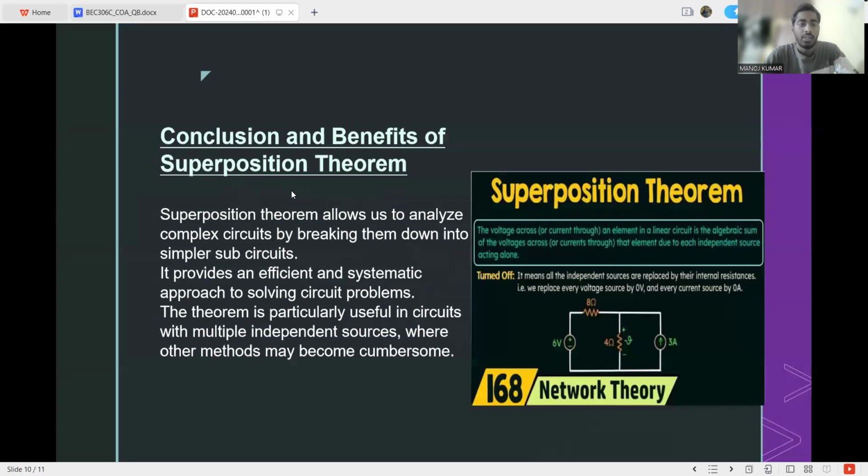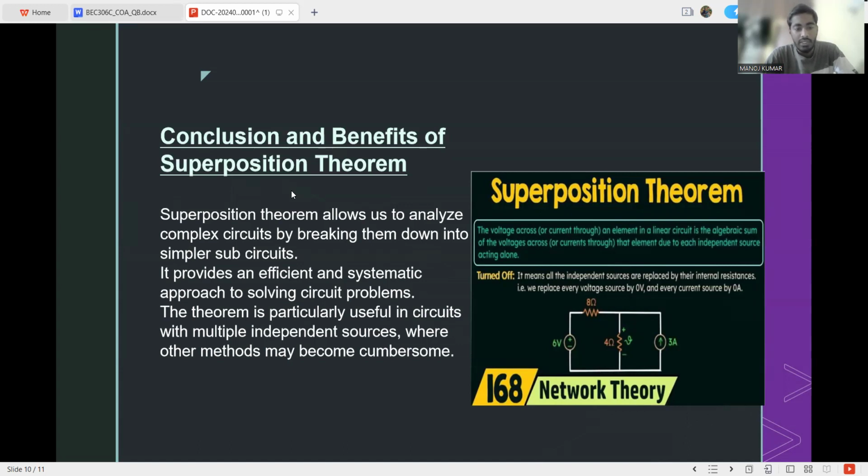Next page. Benefits of superposition theorem. Superposition theorem allows us to analyze complex circuits by breaking them down into simple subcircuits.